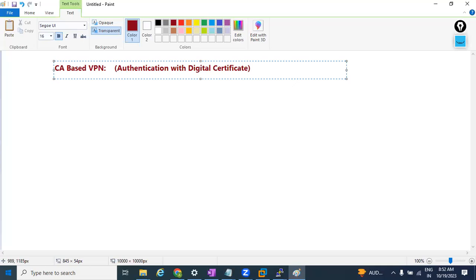This is the concept of PKI, public key infrastructure. Earlier it was PSK, so now PKI. Today I'll try to finish the maximum of its theory, so in the next class we can start directly with the lab.